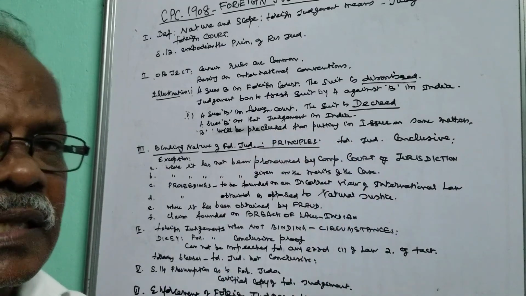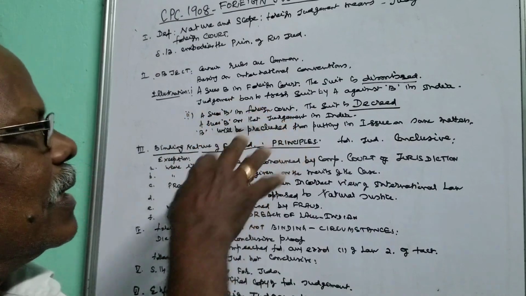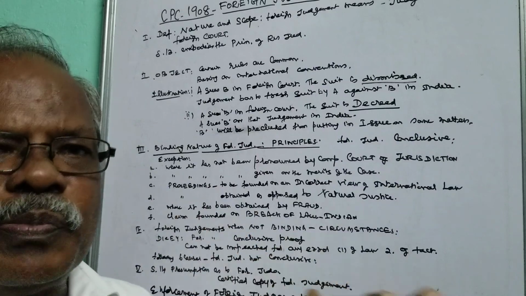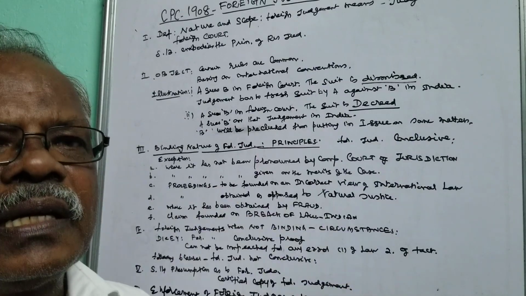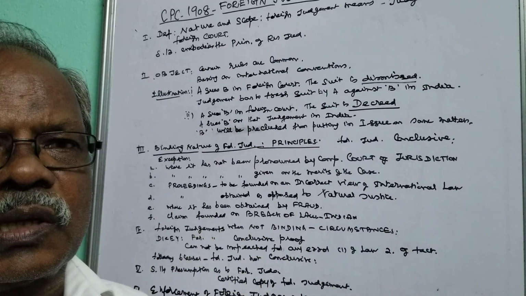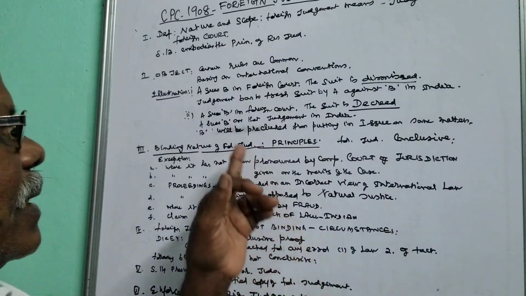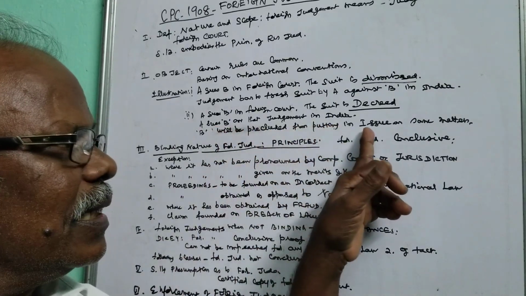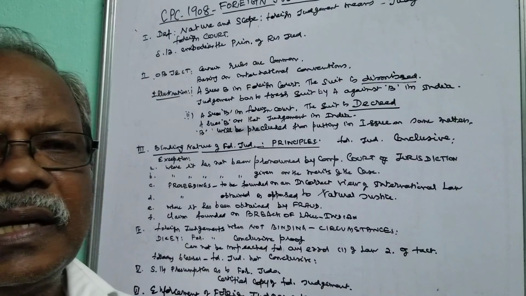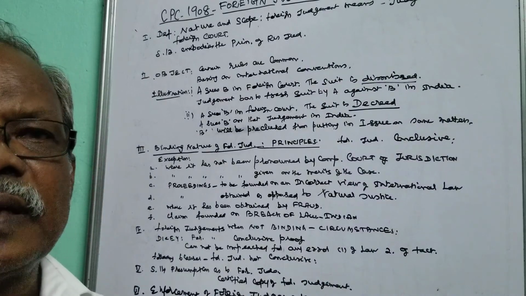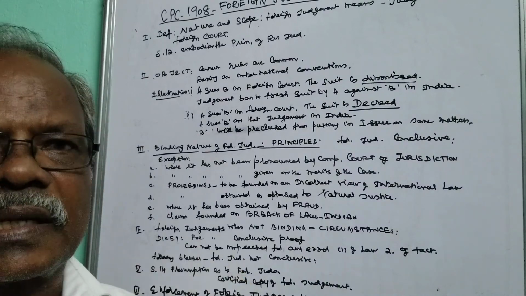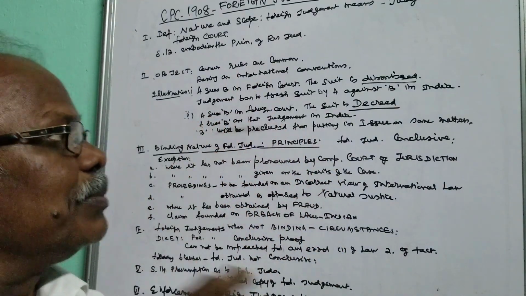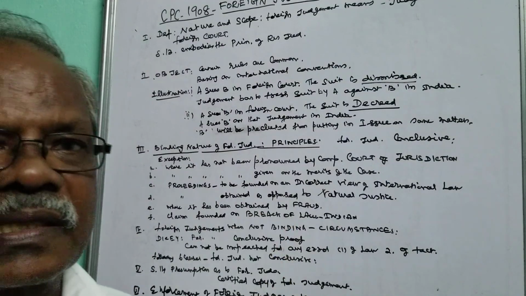Here it is decreed, so it is ordered by the court on behalf of A. But B cannot put in issue the same matter, so B cannot reverse it. So A's claim is correct. This is generally the object, based on the international conventions.